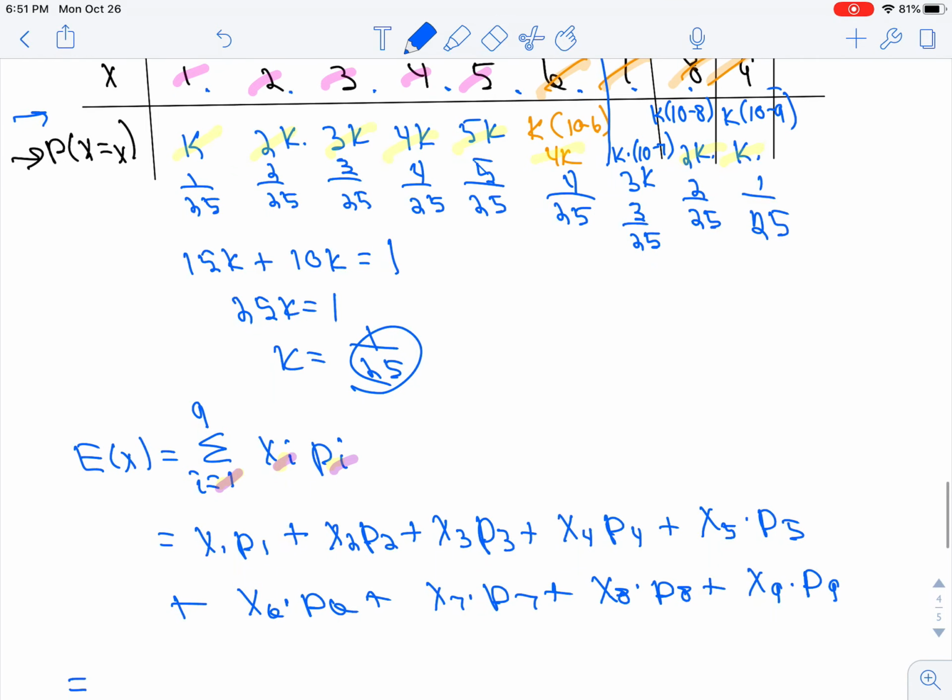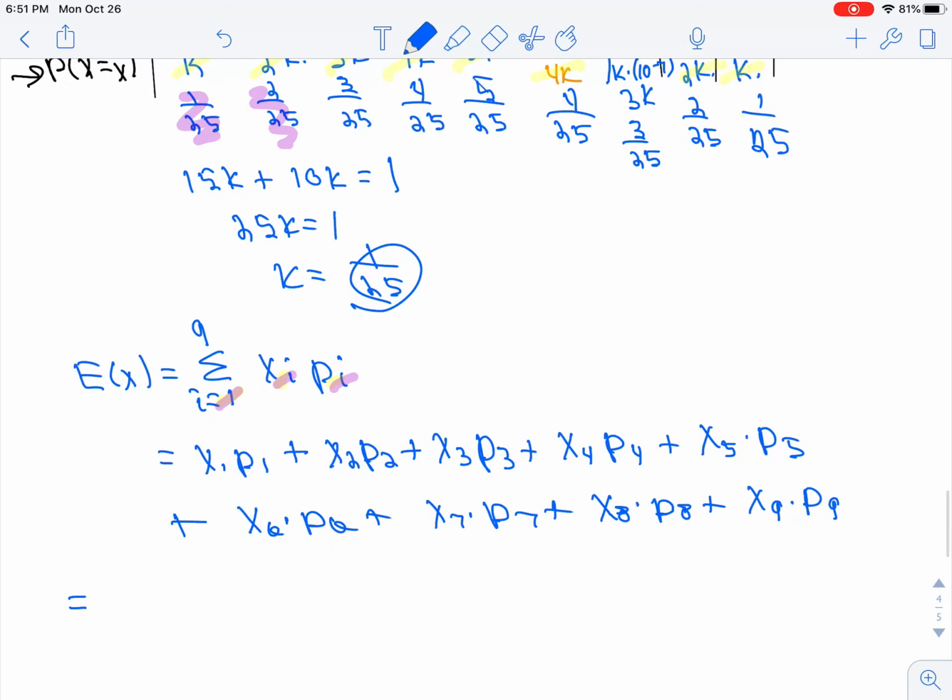So now we're just going to sub in all of those values. So the first one we get 1 times 1/25, so I'm taking the values from up here, and then I'll have 2 times 2/25 and so forth.